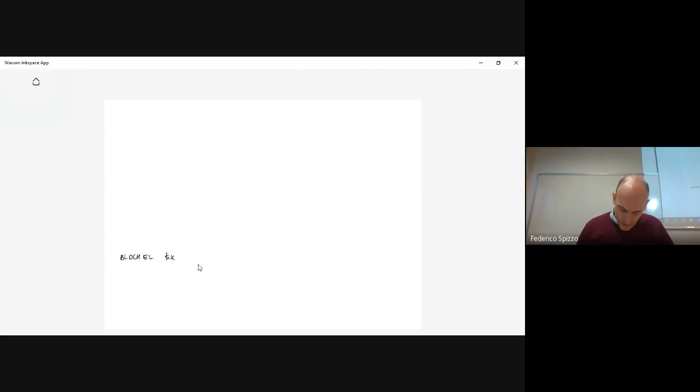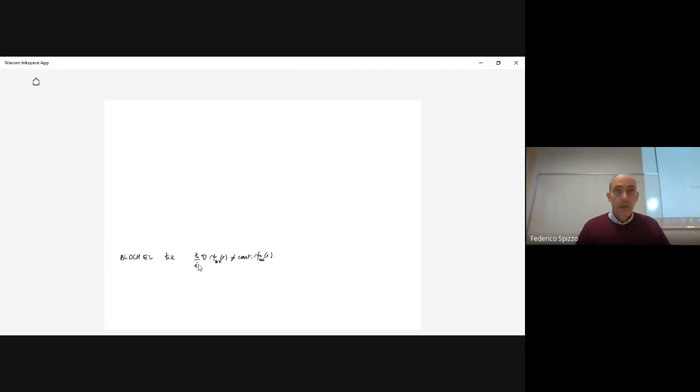As I told you yesterday, if you apply the momentum operator to a Bloch wave function, this is not a constant times the Bloch wave function. So the Bloch wave function is not an eigenstate of the momentum operator.